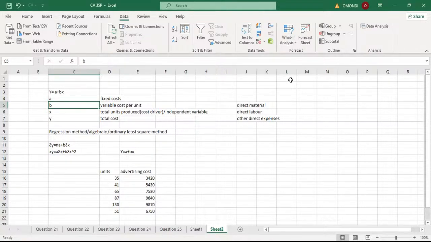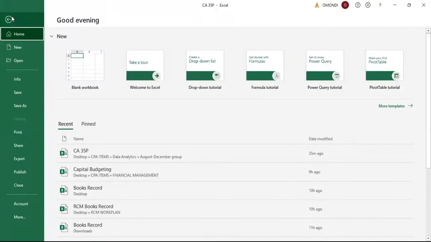So how do we activate that? Let's move together. You are going to move to File. Once you get to File, I have these options arranged here. For some people, you will just see it directly written here.